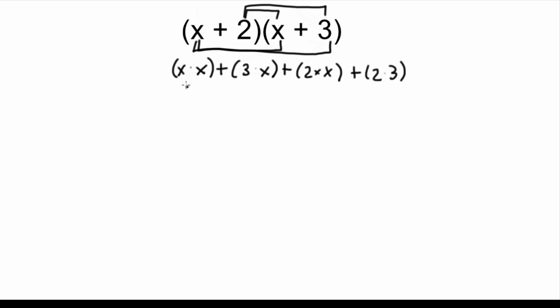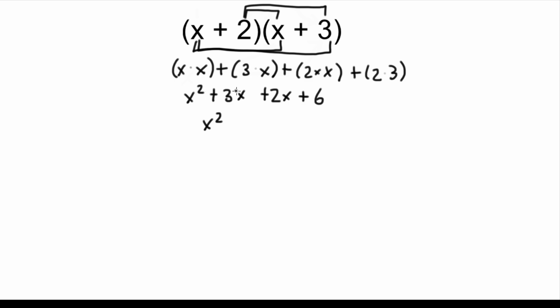So then we can simplify this. So x times x is going to be x squared plus 3 times x is 3x, 2 times x is 2x, plus 2 times 3 is 6. And then we simplify our middle, so we would still get x squared. So everything that has the same x term would get added together.